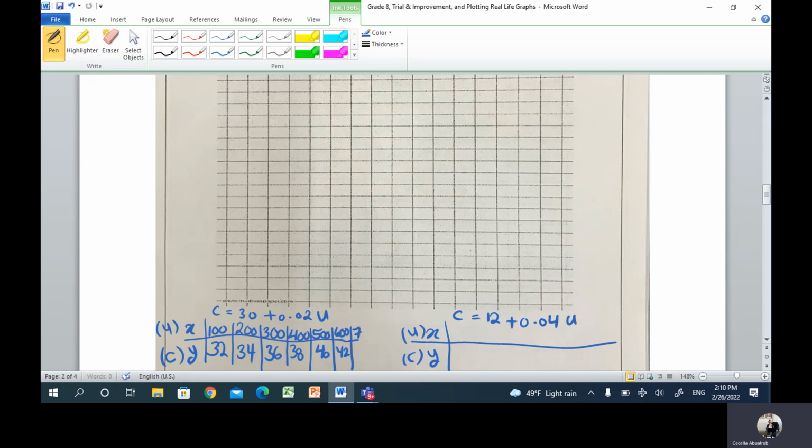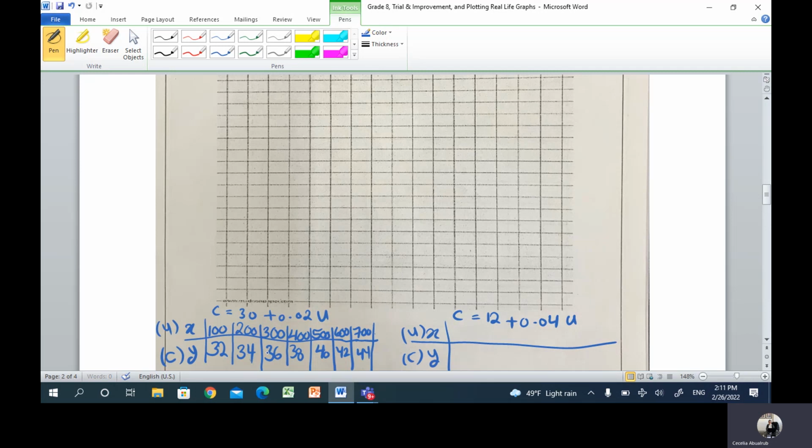If you substitute 700, you're going to say 30 plus 0.02 times 700, and it's going to be 44.